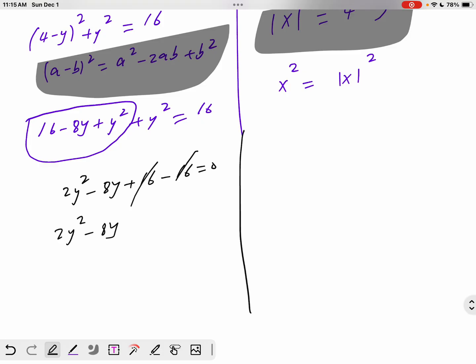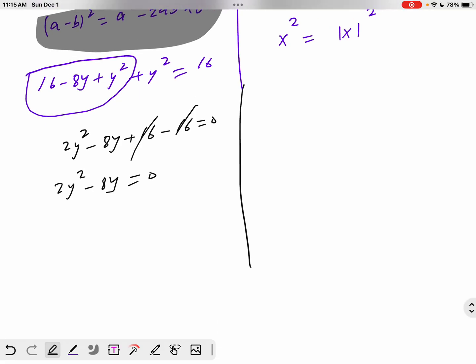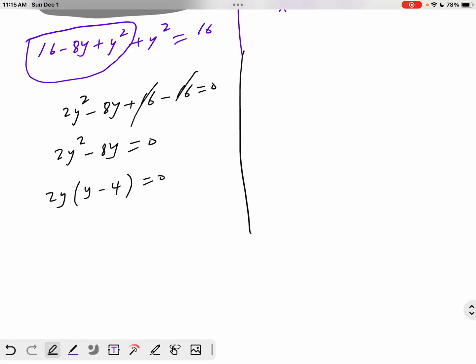So it's 2y squared minus 8y equals 0. It's a binomial, so take the greatest common factor out. So 2y times the inside, y minus 4, equals 0.